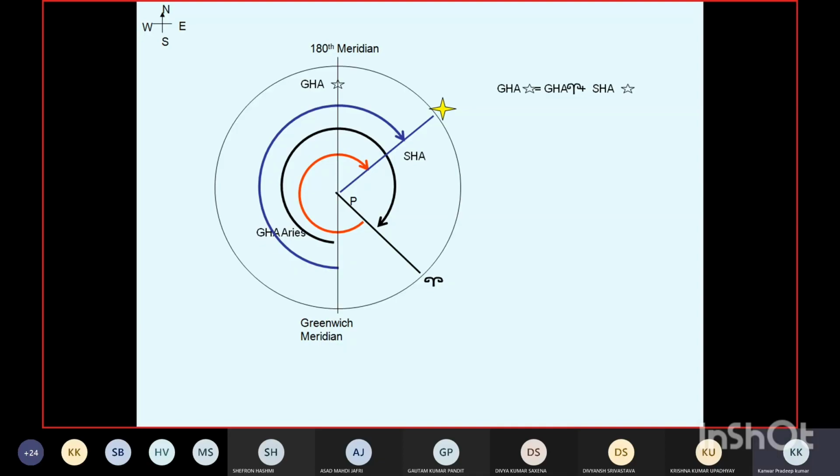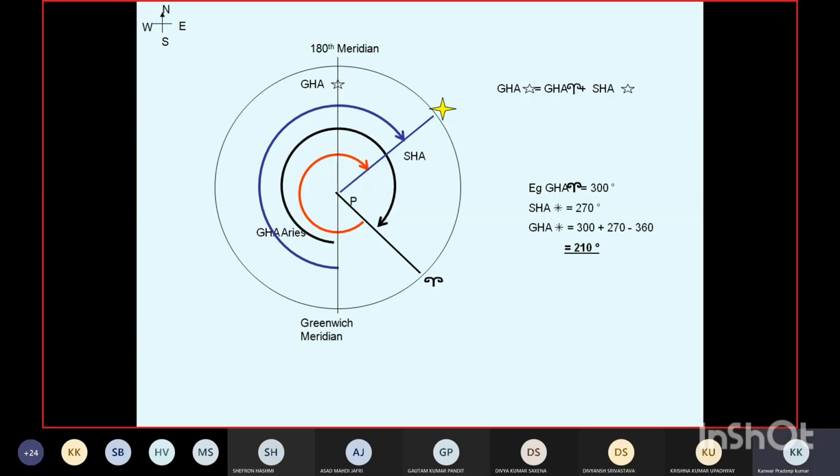GHA star is equal to GHA Aries plus SHA star. If the answer is more than 360, what will you do? GHA Aries is about 300 degrees. Follow the black line.